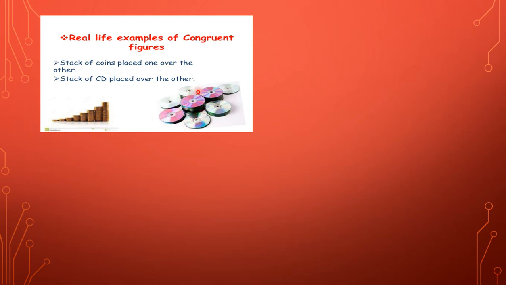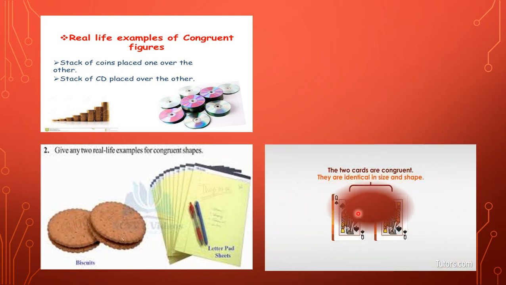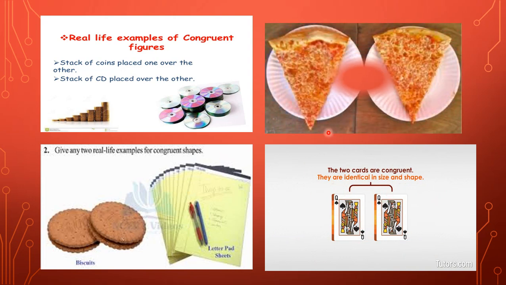Similarly, two CDs are congruent figures as the radii of the circles are the same. Two biscuits, two letter pads, two cards and also two pizzas are also congruent figures. So these are the examples of congruent figures.